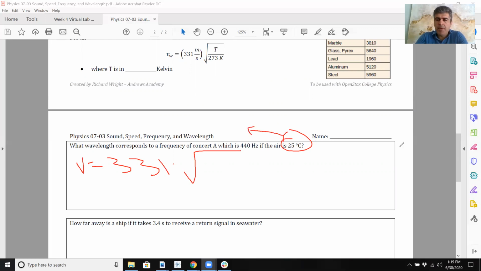So I'll have some people help me out here. Elizabeth, I'm calling you. If we have 25 degrees Celsius, do you know what that will be in Kelvin? No, remember, 0 degrees is 273 Kelvin. So what do you think 25 would be in Kelvin?